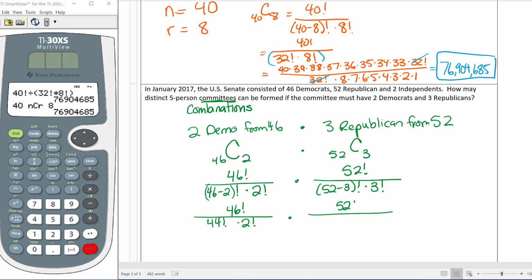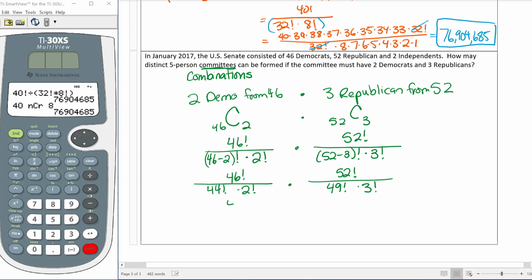On the Republican side, 52 minus 3, that's 49 factorial. So I have 46 times 45 times 44 factorial. I'm going to stop at 44 factorial so that the 44 factorials will divide out. Then we have 2 times 1 on the bottom.